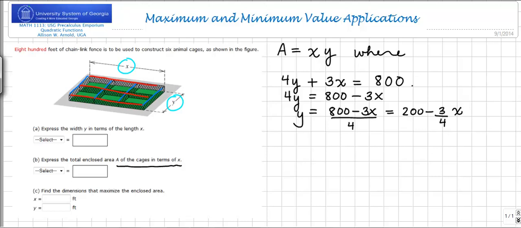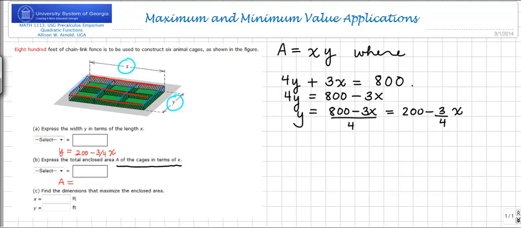And so that satisfies what goes in my first box. I'm going to have y in terms of x, so y equals 200 minus 3/4 x. Now part B is for the area, so I'm going to want area equals. Well, let's go back to where we were.